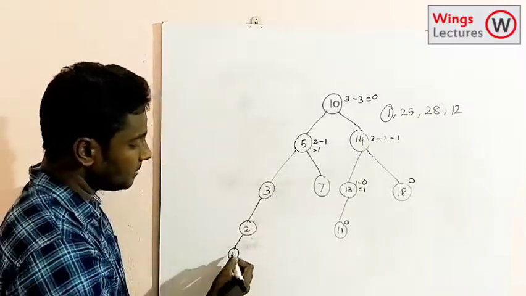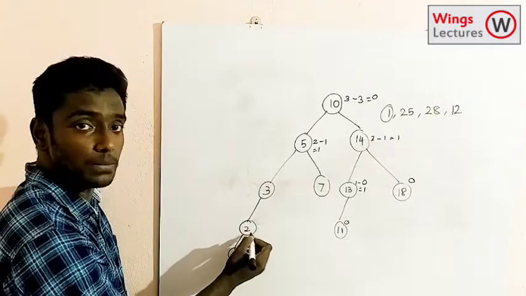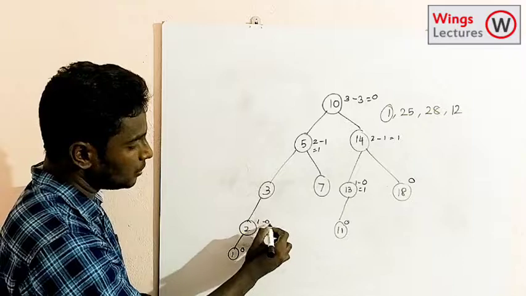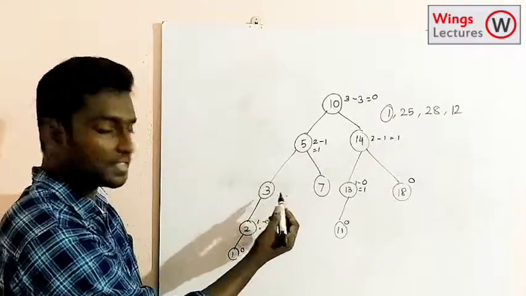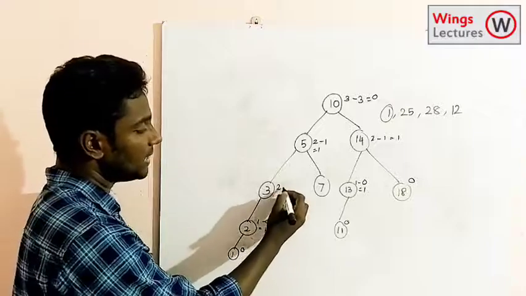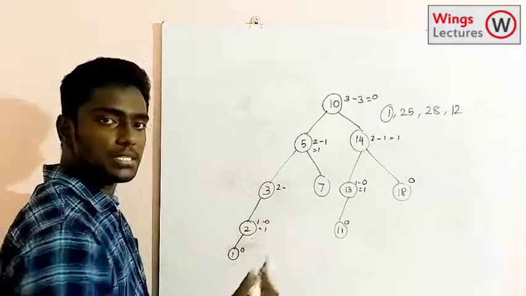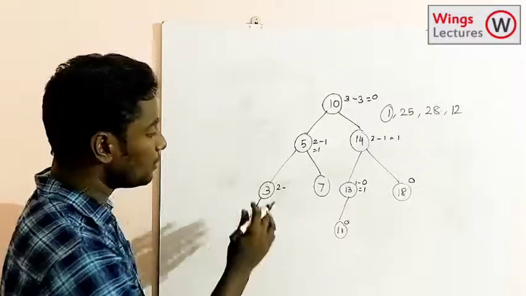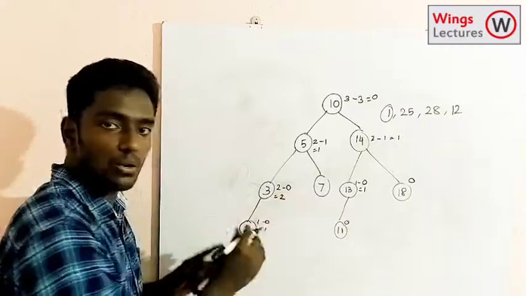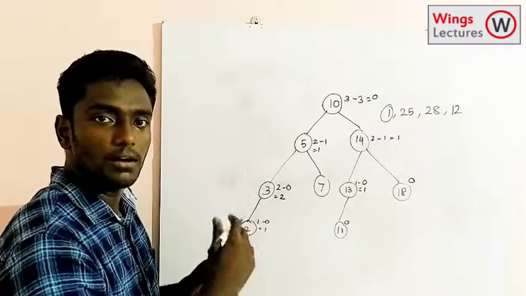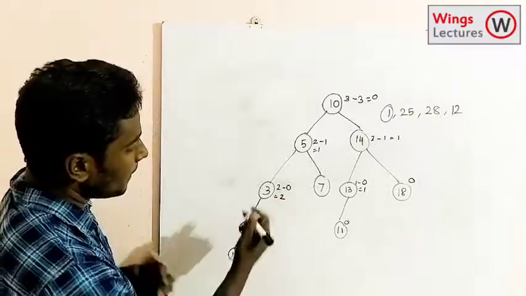Balance factor of 1 will be 0. Balance factor of 2 will be 1 minus 0, it will be 1. Now balance factor of 3: the height of left subtree is 2, and there is no right subtree for 3. So in this case we are going to rotate the tree because it's not balanced, right?